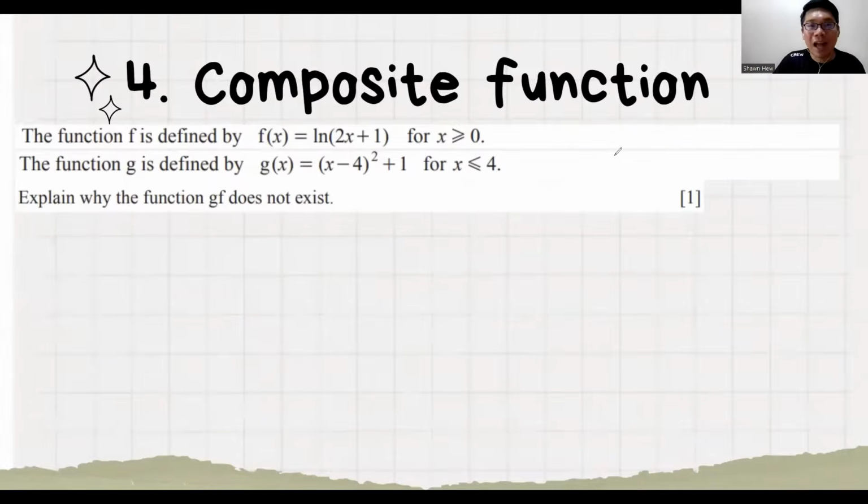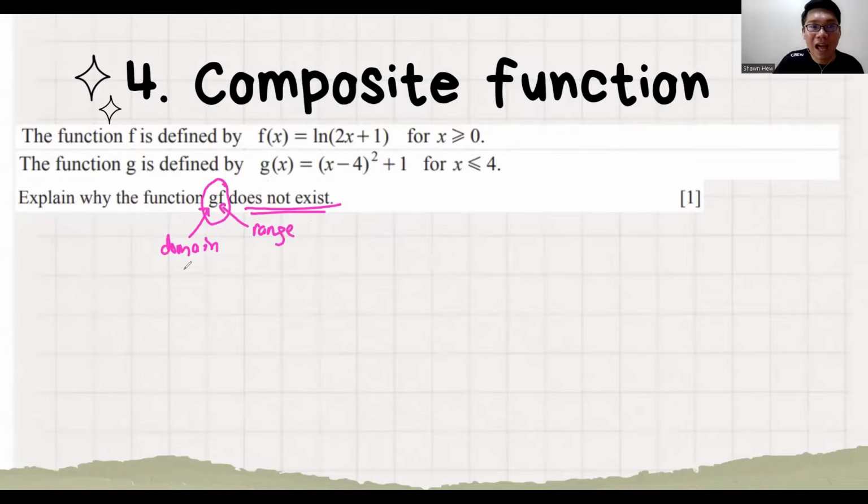Last, the question might ask you to determine whether this composite function exists or not. Or like this question, they will ask you, explain why this composite function does not exist. So in this situation, for the outer part, we need to refer back to the domain. For the inner part, we need to refer to the range.